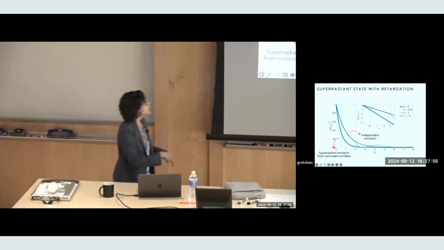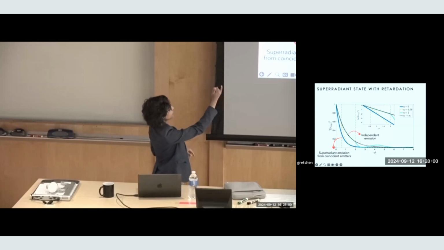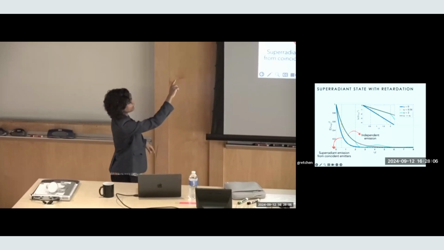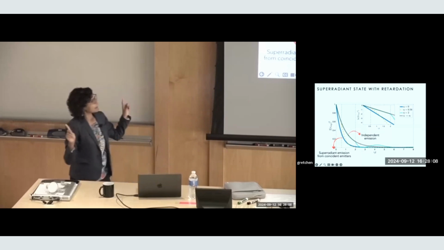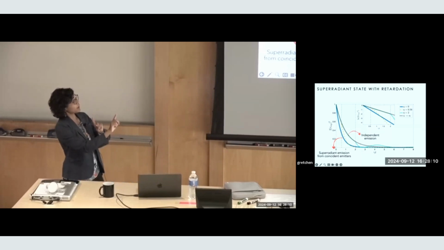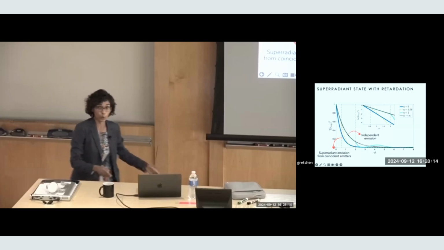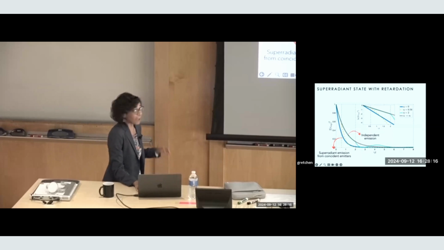twice as fast. Now, if you look at one of the other curves, which is maybe, let's say, for eta equals 0.5 or so, the yellow dashed line, what it shows you is that they emit independently until they see each other, and then they exhibit a collective emission behavior, which is faster than regular superradiance.